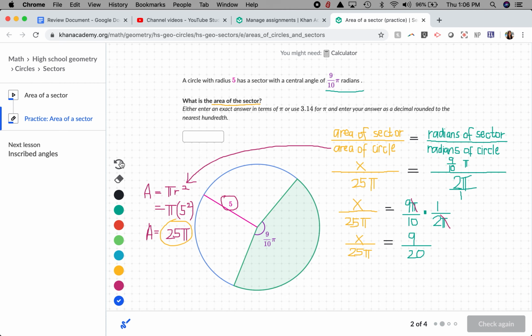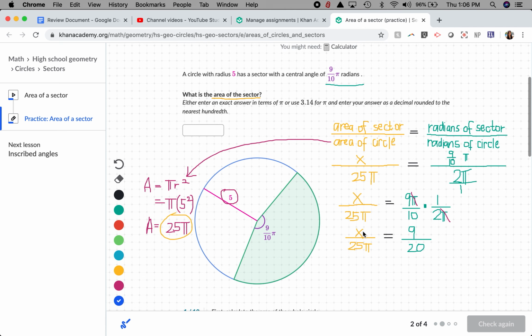So now that it's looking a little bit more manageable, I can now focus all my attention to finding x. Now currently what I see is that x is being divided by 25 pi. So the first step I'm going to do is, because I wanted to find x, I am going to multiply both sides by 25 pi.